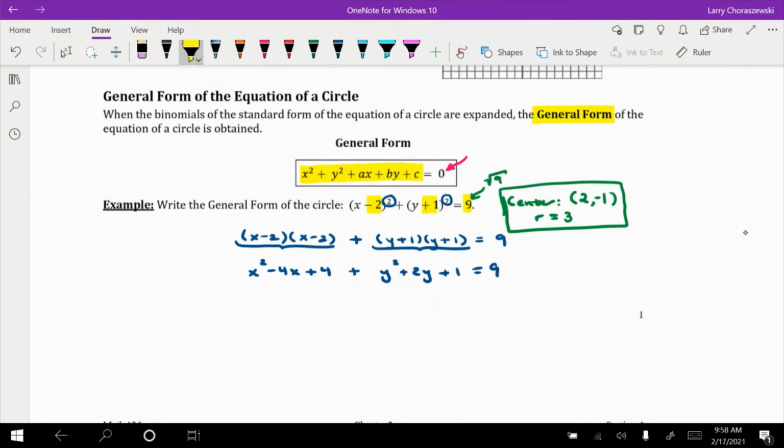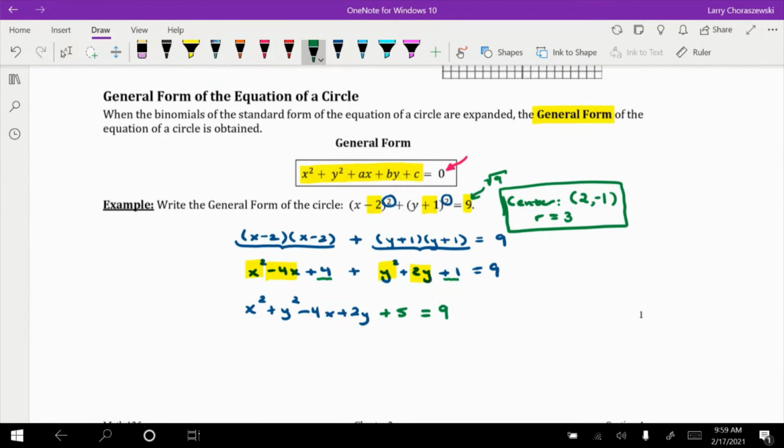Keep in mind, we have x squared and y squared in our problem, so we'll lead off with both of those, x squared going first. We do have a term involving just regular x, that's minus 4x. We'll write that next. We do have a term involving regular y, that's 2y. It's positive, by the way, reason for plus 2y. And then we have a couple of numbers that we can combine as well on the left-hand side, 4 and 1 to get positive 5.